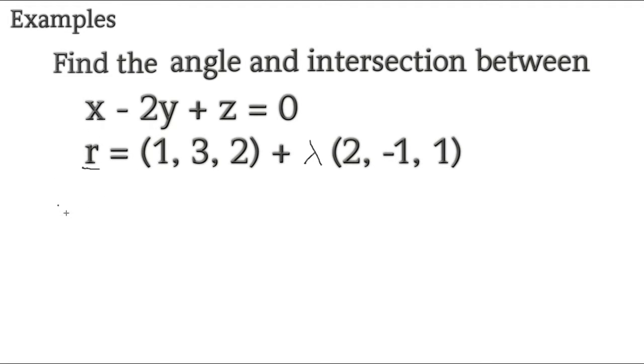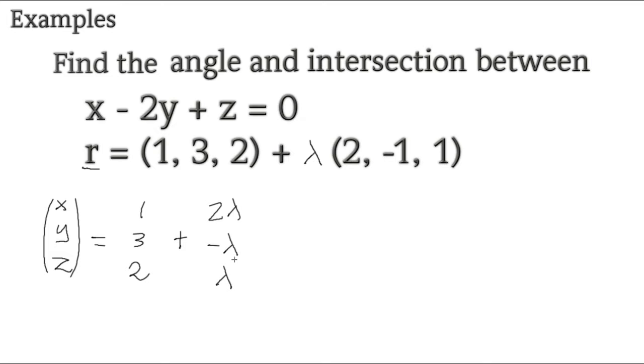So r can be written in vector form as (x, y, z) is equal to (1, 3, 2) plus (2 lambda, minus 1 lambda, 1 lambda), and we can just do this vector sum.